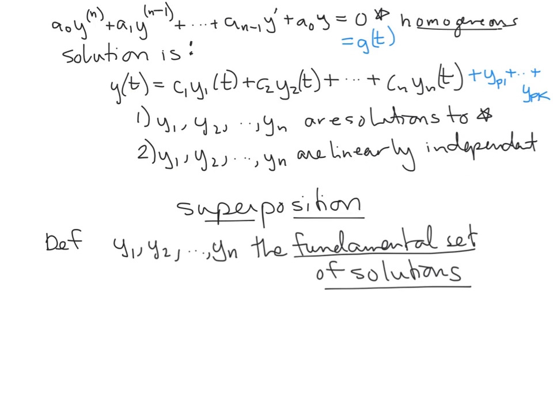They have to be linearly independent, and y sub p1 through y sub pk have to be solutions to the non-homogeneous differential equation. So once the g's are back in there, those are solutions to the non-homogeneous differential equation.